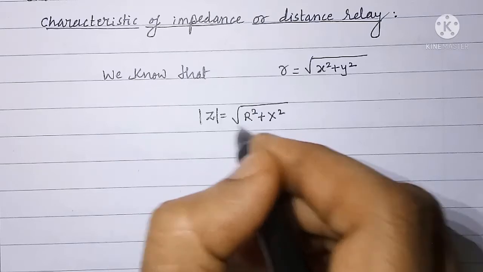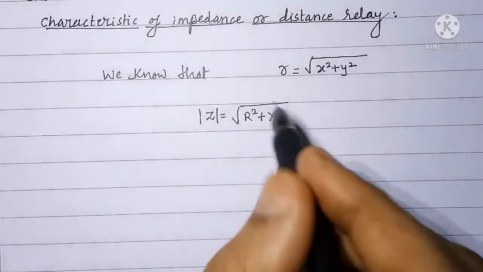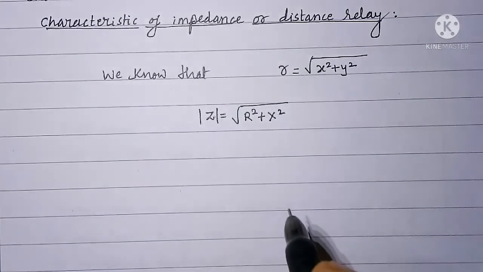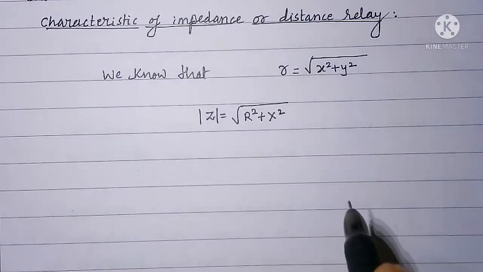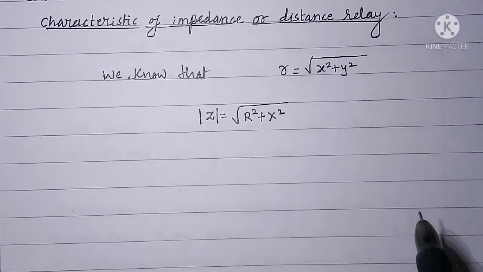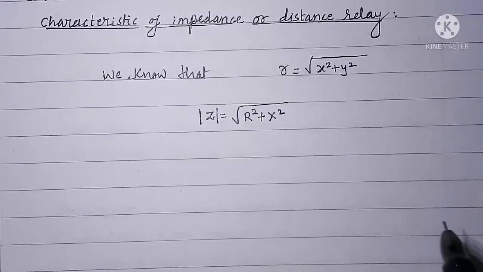So z magnitude, which may be written as r square plus x square under root, also is a radius of certain circle, which means that Z set is a circle centered at origin of xy plane.